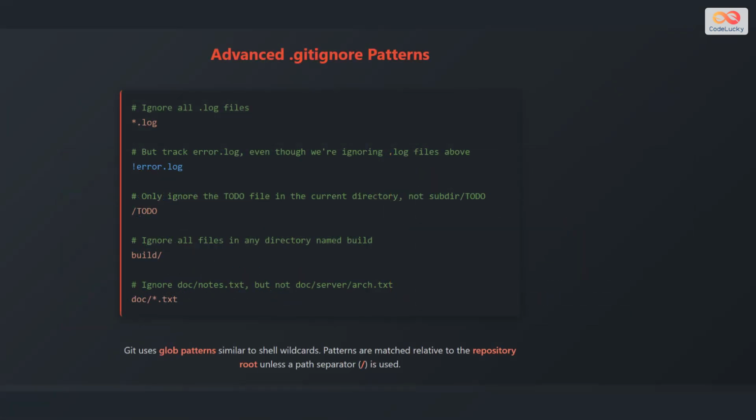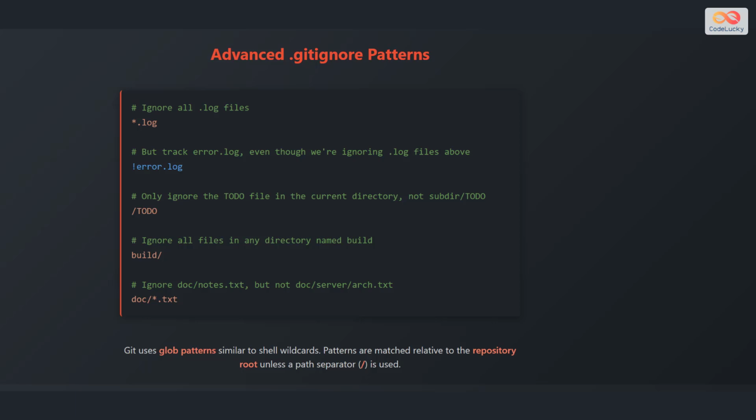Now let's explore some advanced .gitignore patterns. *.log will ignore all files with the extension .log. !error.log will make sure that error.log is not ignored. /to-do will ignore the file named to-do in the root directory, but it will not ignore the to-do file in a subdirectory. build/ will ignore all files in the directory named build. doc/*.txt will ignore doc/notes.txt but not doc/server/arch.txt.